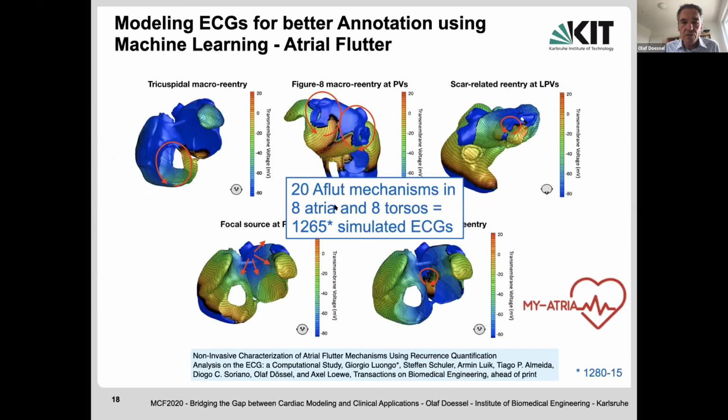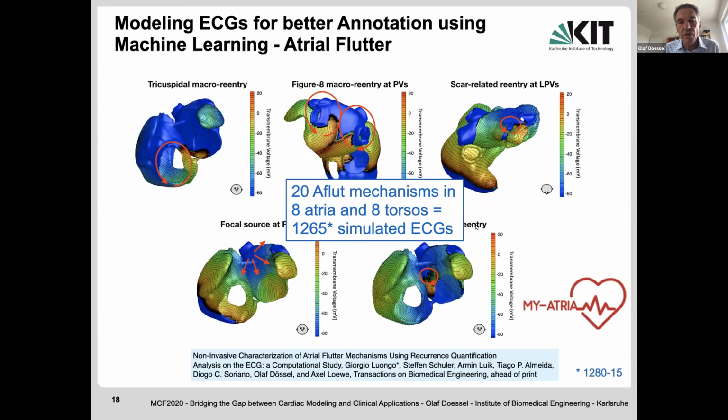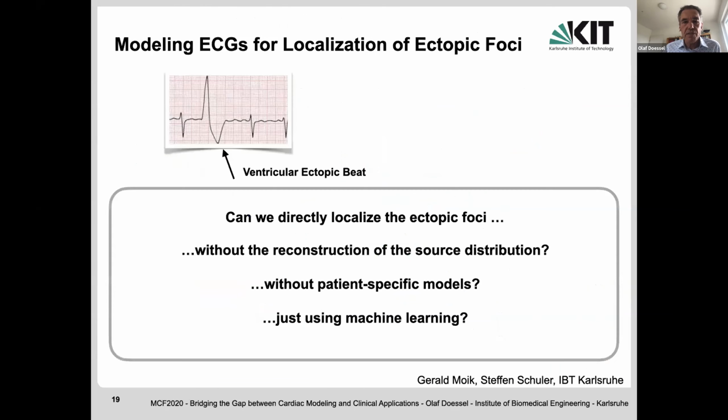So Giorgio here made 1,265 simulations of different classes of atrial flutter. He always calculated the ECG, and then he was able to train a machine learning machine and find the type of atrial flutter from the ECG with a quite nice accuracy, I would say.